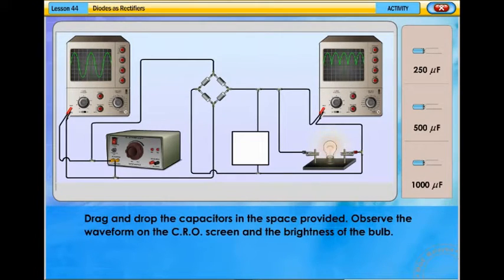Drag and drop the capacitors in the space provided. Observe the waveform on the CRO screen and the brightness of the bulb.